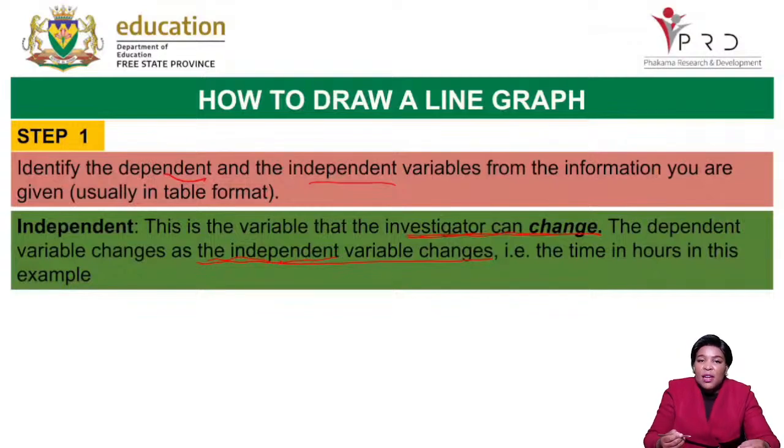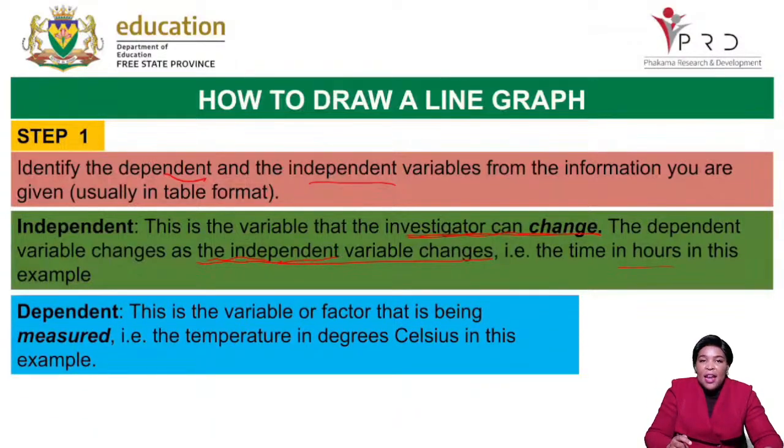The independent variable is the one that the investigator is able to manipulate. An example can be time in hours, in the example that we are going to look at. Then the dependent variable is the factor that is being measured. That is the temperature in degrees Celsius in this example.